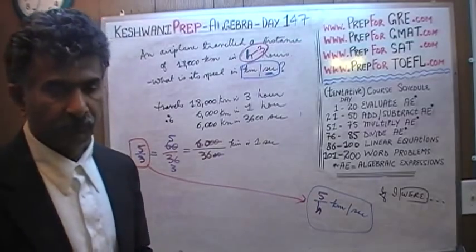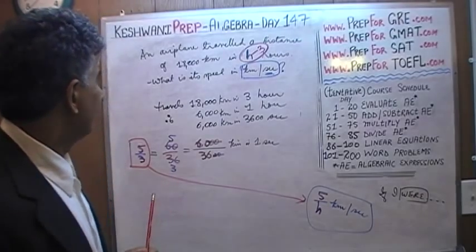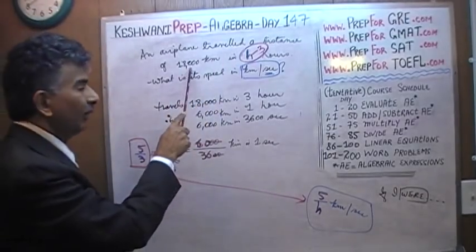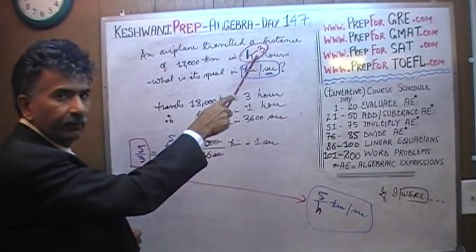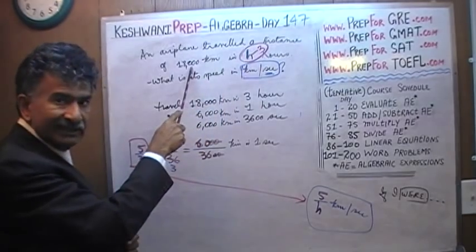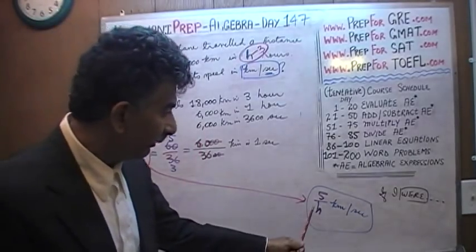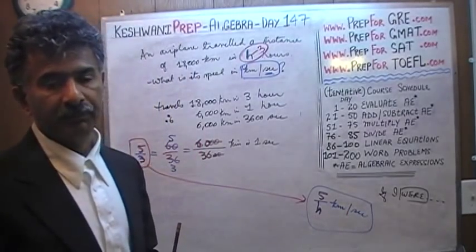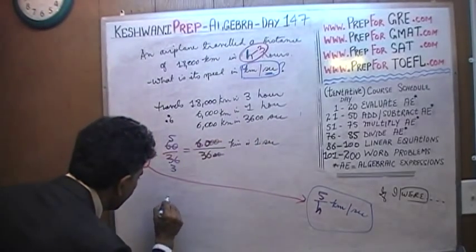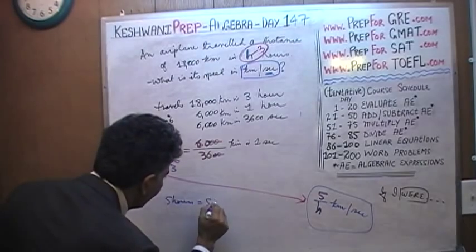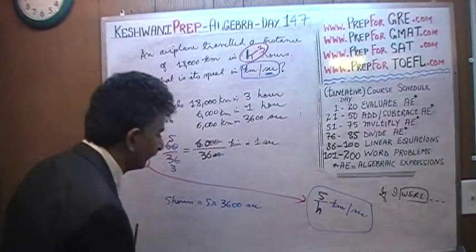That is the right answer, 5 over h, whatever h is. In other words, listen to it carefully. If we had pretended that the airplane had traveled 18,000 kilometers in 5 hours instead of 3 hours, that airplane travels exactly 1 kilometer per second. Why? Watch here. 5 hours is the same as 5 times 3,600 seconds.